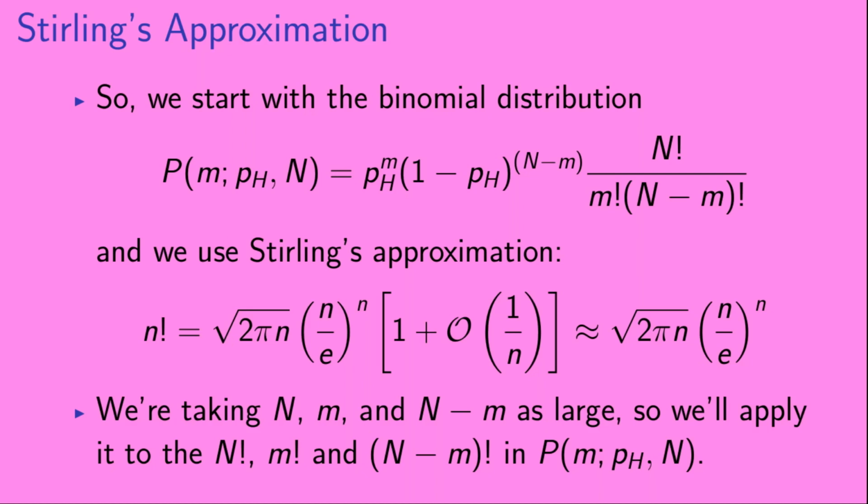Now we're taking in our expression n, m, and n minus m as large, so we'll apply Stirling's approximation to the n factorial, the m factorial and the n minus m factorial in our expression for the binomial distribution.